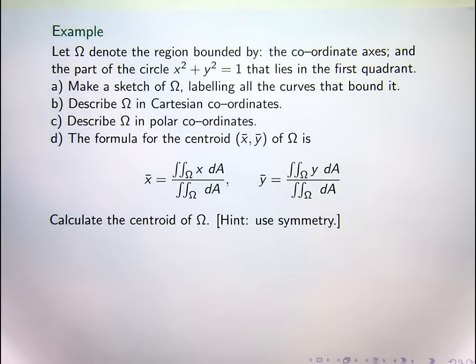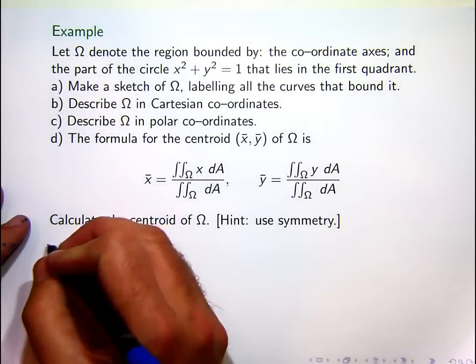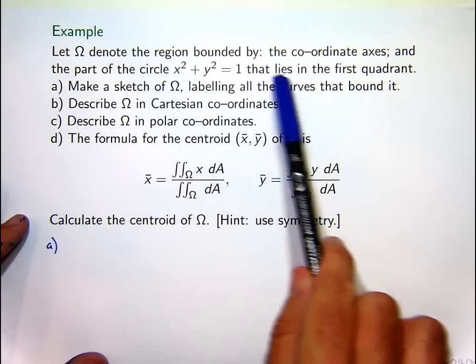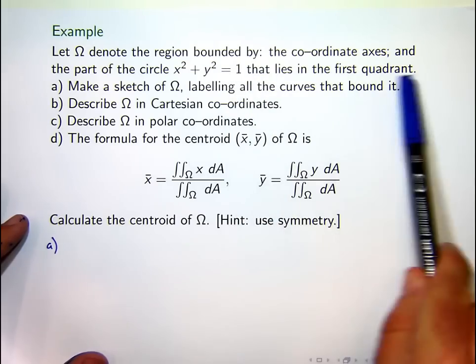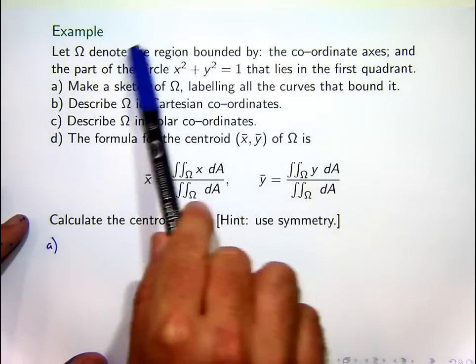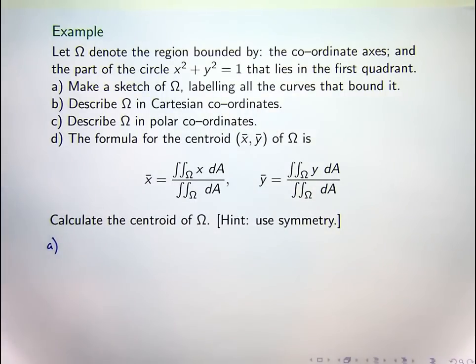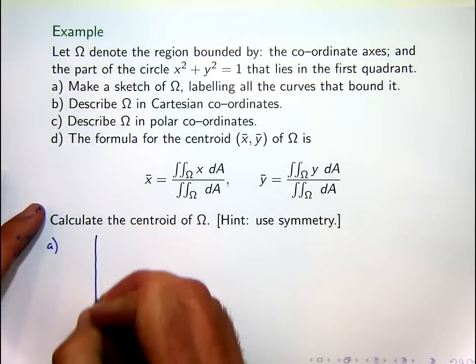Okay, so we've got the part of the circle that lies in the first quadrant, essentially bounded by the circle and the positive x-axis and the positive y-axis.